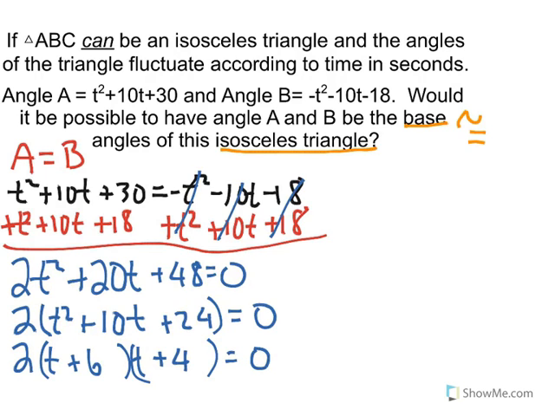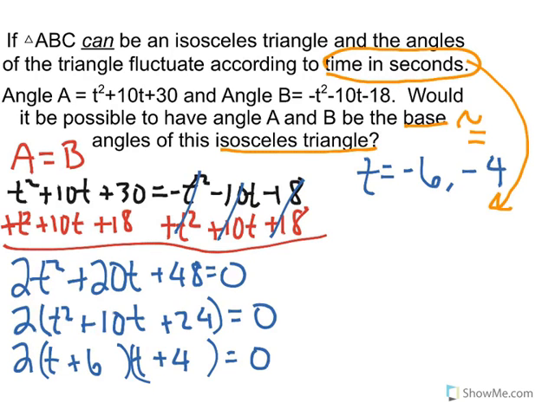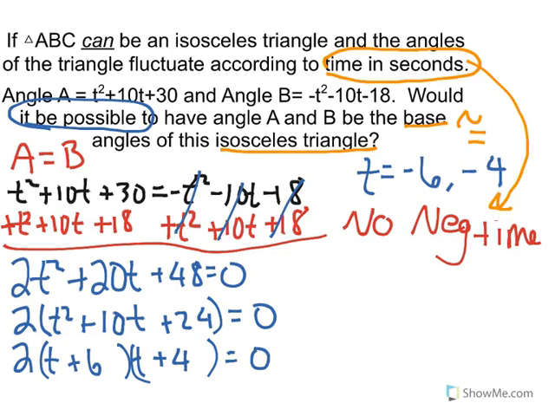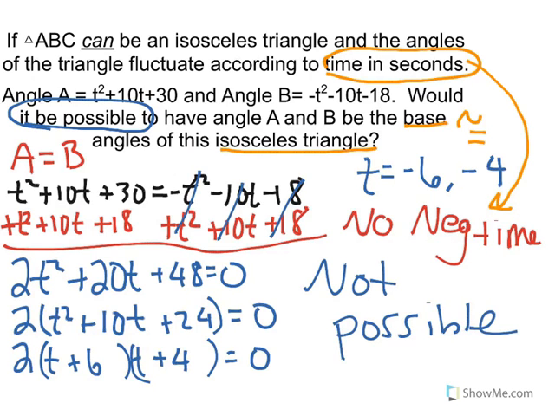So that means that t would equal negative 6 or negative 4. But since t was represented by time in seconds, we cannot have any negative time, no negative time. So that means, would it be possible? No, not possible for this triangle to be isosceles with A and B being the base angles.